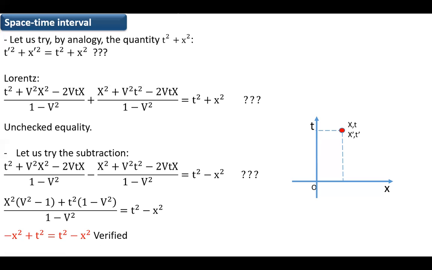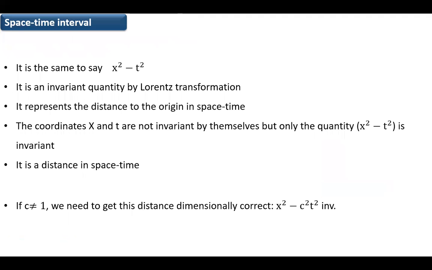Our invariant quantity in space-time is simply the quantity t squared minus x squared, or x squared minus c squared t squared. It is the same. You can use both of them, x squared minus t squared or t squared minus x squared. They are both invariant by the Lorentz transformation. This quantity is a distance.